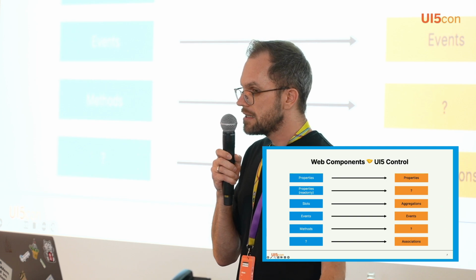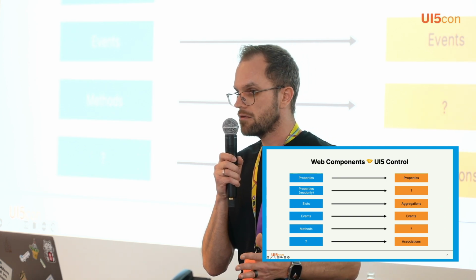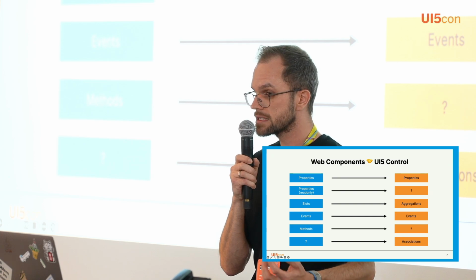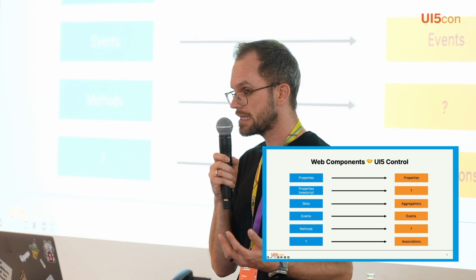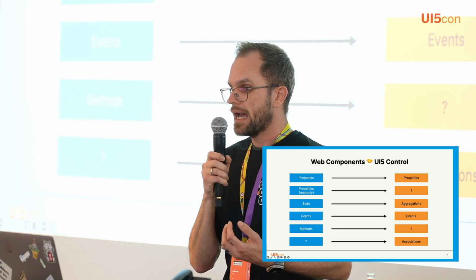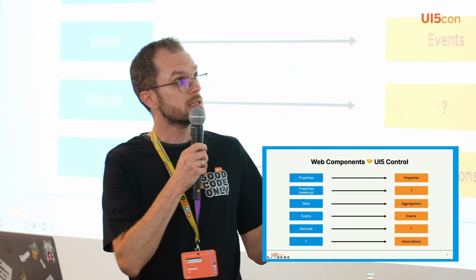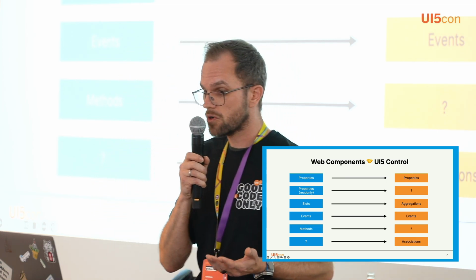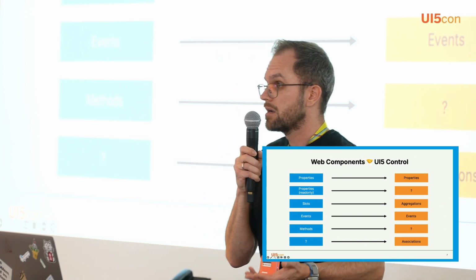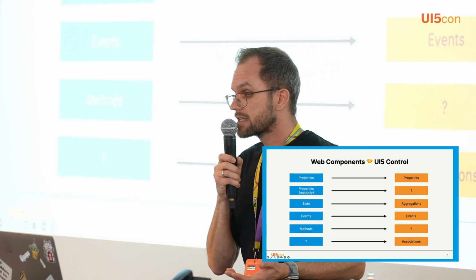So what you see here is a comparison between both: what UI5 controls have as metadata, for example, and what web components have. And as you can see, pretty much is already common. Web components have properties. You have a disabled property, for example. You have a text property.